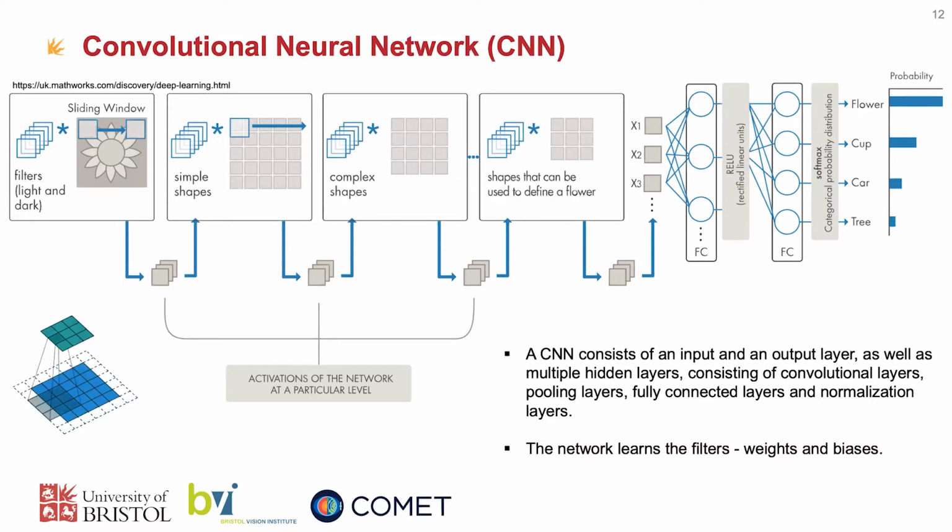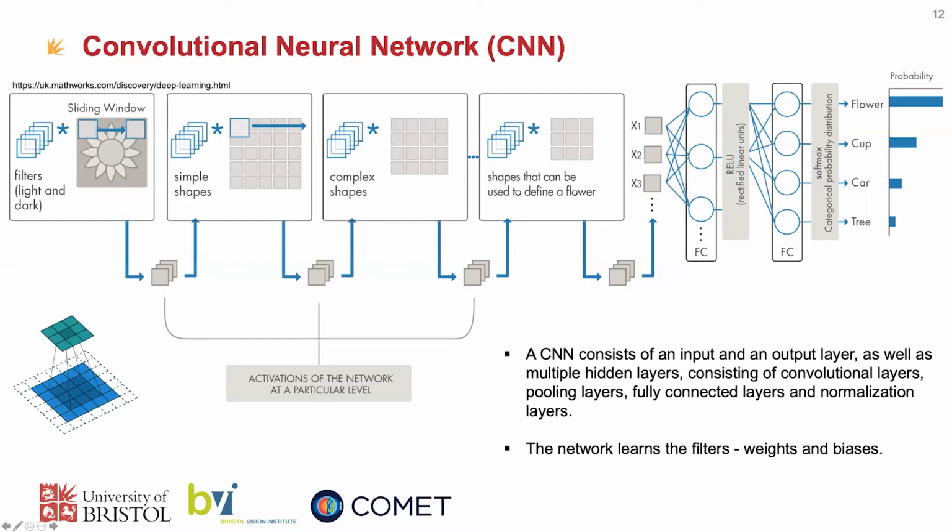After many layers, you learn the semantic meaning in that image. For example, triangles and squares become a house, or lots of curves become flowers. All of these connect into what is called a fully connected layer to get the features that represent that image, and softmax converts it into probability.